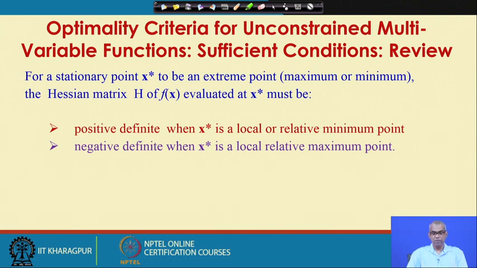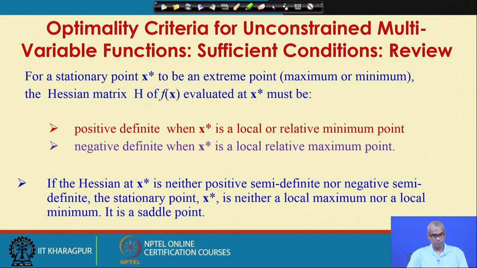It is negative definite when x star is a local or relative maximum point. If the Hessian matrix is neither positive semi definite nor negative semi definite, the stationary point x star is neither the local maximum nor local minimum, it is a saddle point.